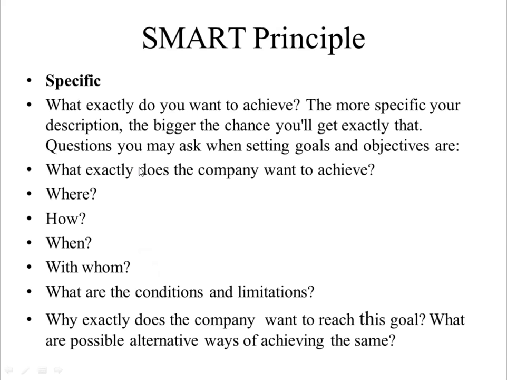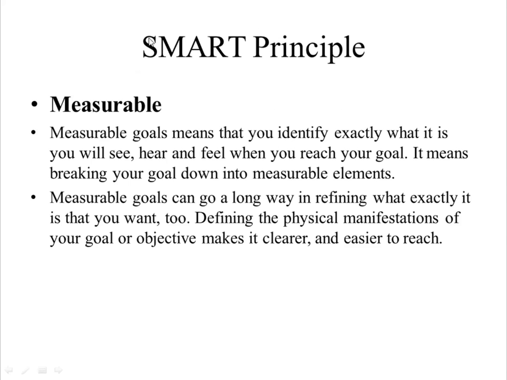Whenever a company is being run, it is basically being run on the SMART principle, where S represents the specific. Then M represents measurable. Measurable goal means that you identify exactly what it is you will see, hear and feel when you reach your goal.